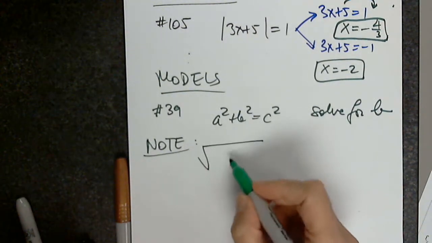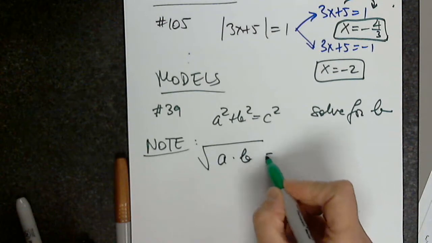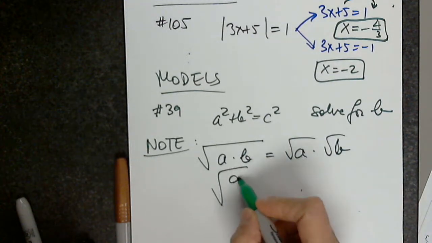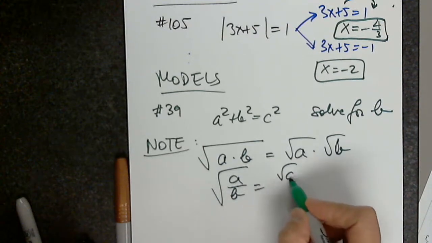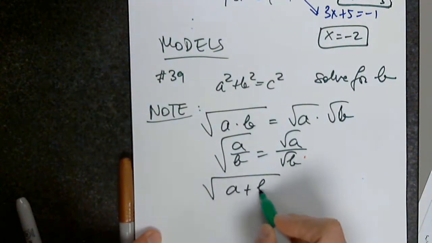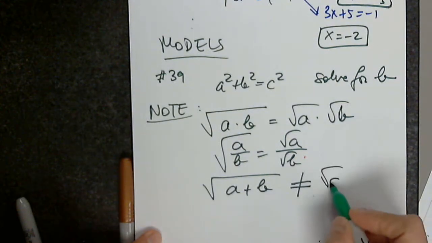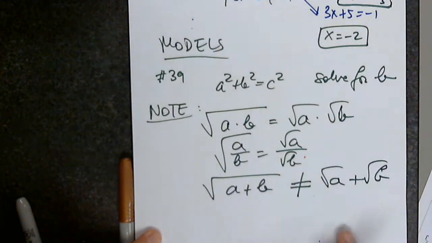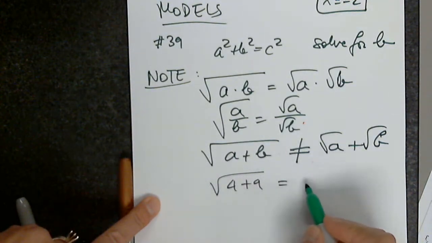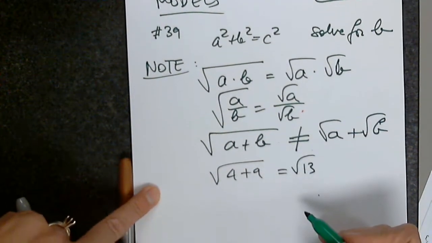So the square root of a multiplied by b is the square root of a times the square root of b. The radical of a ratio is the ratio of radicals. But the square root of a plus b does not equal the square root of a plus the square root of b. Here's an example. 4 plus 9, this is the square root of 13.